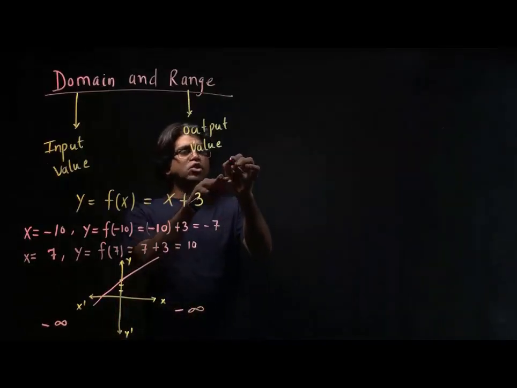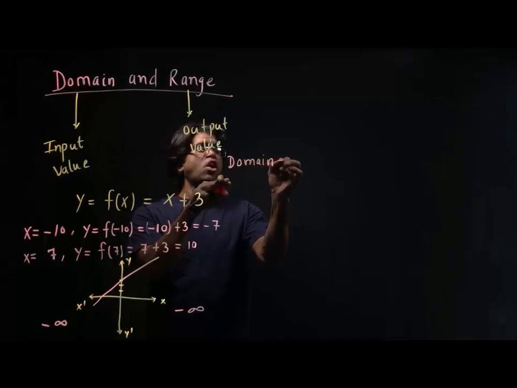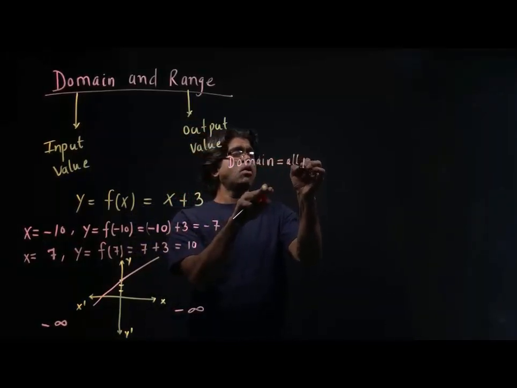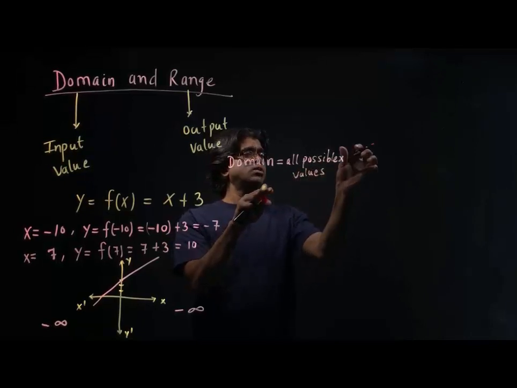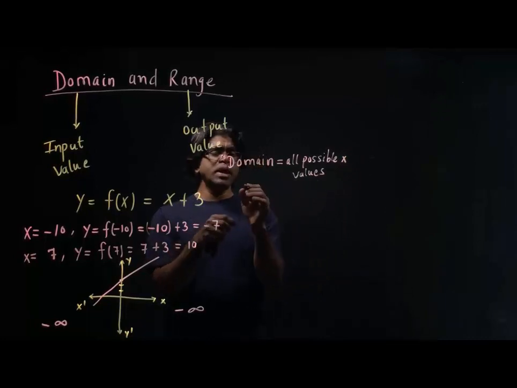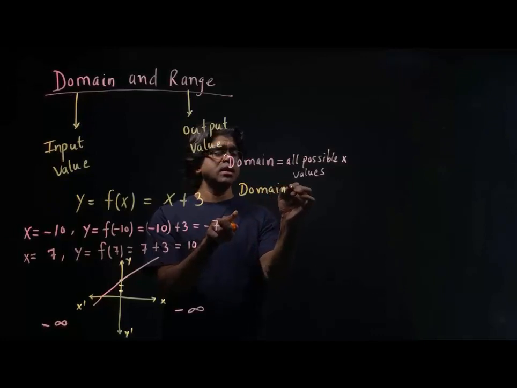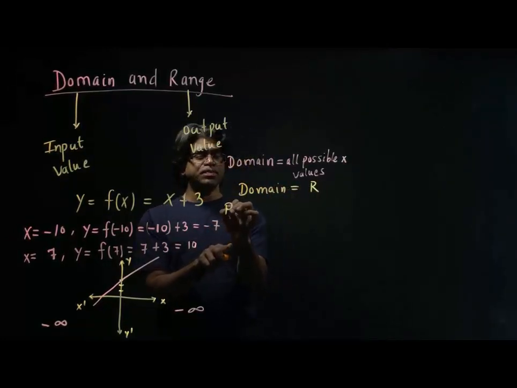So, what is the domain of this function? Domain of this function is all possible x values. So my domain is basically a number line, R. Now, what is my range?